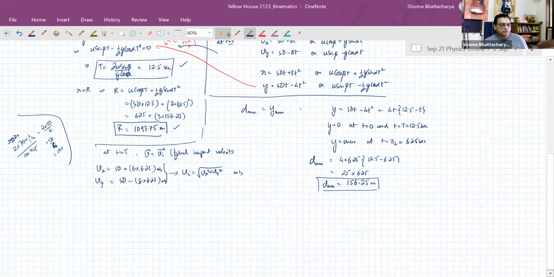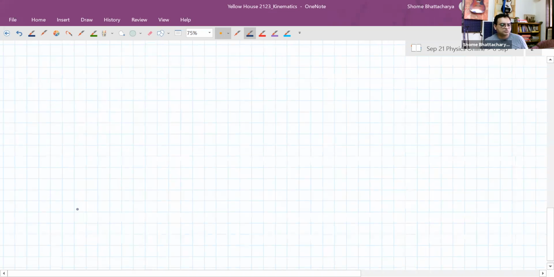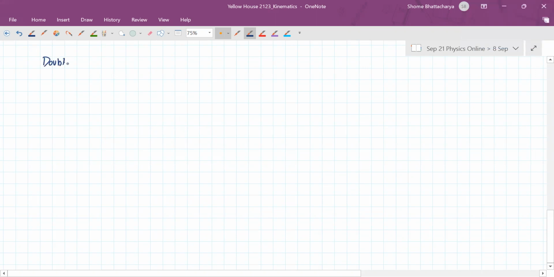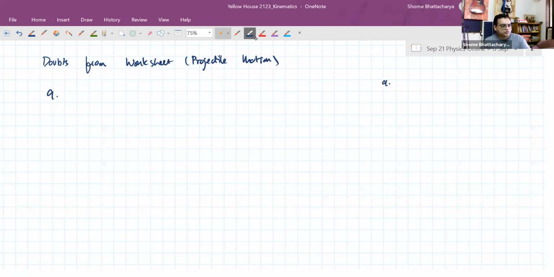Now, if it is from the worksheet which I have sent or from HC Verma. If it is from some other source, then I will not have the question, so you have to send the picture. Okay, so let's pick up doubts from the worksheet of projectile motion first. I'm starting with question number 9, but so far I have received requests for 9, 14 and 26.